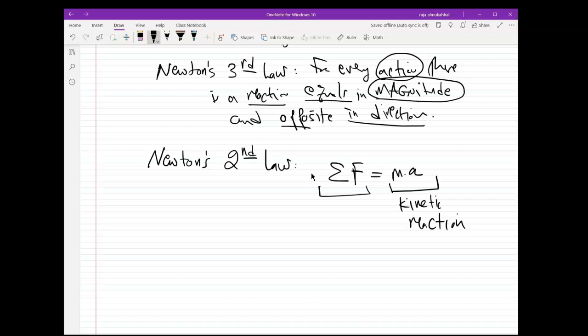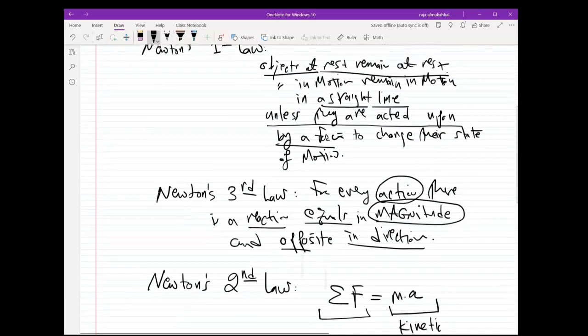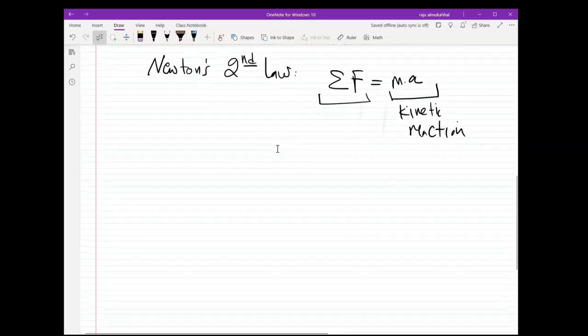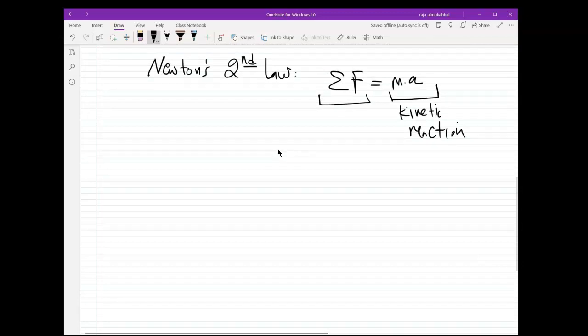So if you have, let's say, for example, let me go back to that box problem right here. So I have here a box or a book sitting on the table. So here is the surface of the table or the floor or whatever. And suppose I have a box here. Okay.